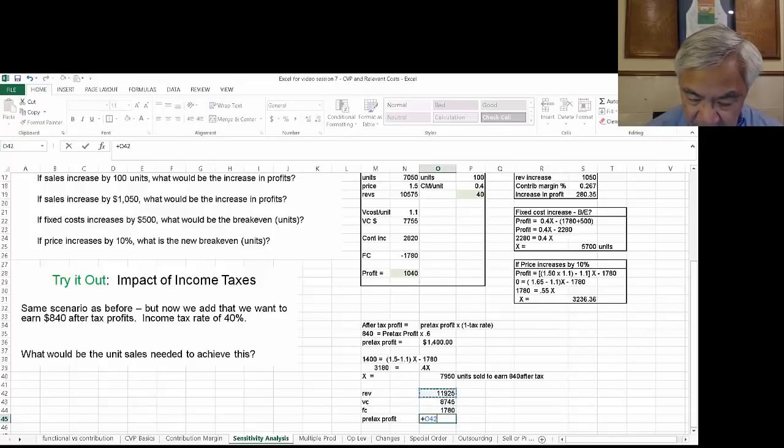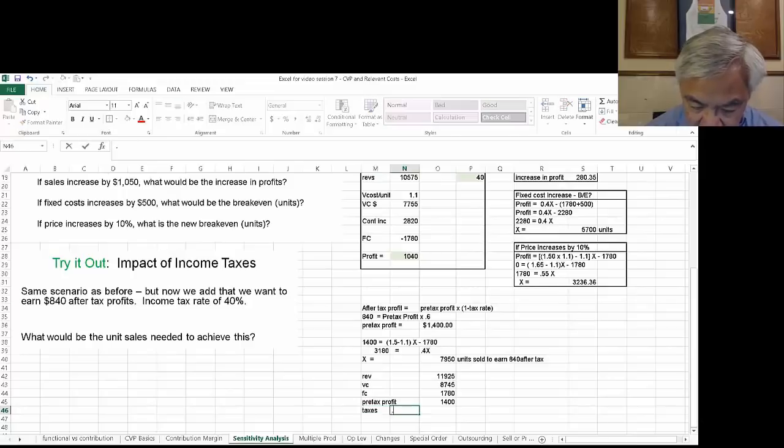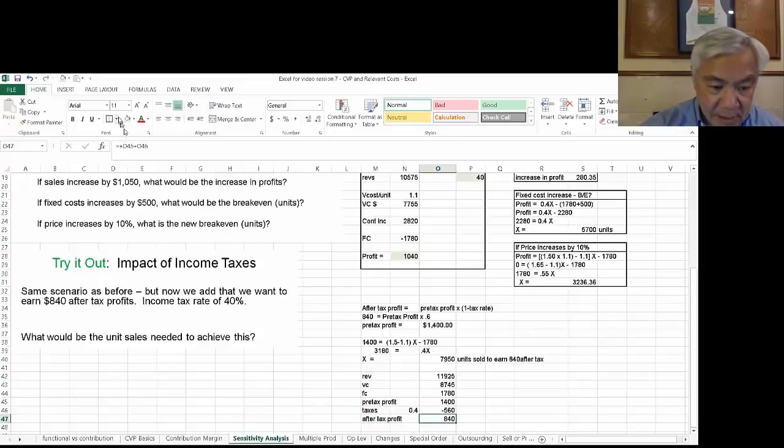So pre-tax is revenue minus the 2 costs is 1,400. Tax rate is 0.4. So that's a minus that times that. So it's 560. So after-tax profit is 1,400 plus the minus number, it's 840. Right? So this is the target number we were seeking, 840.